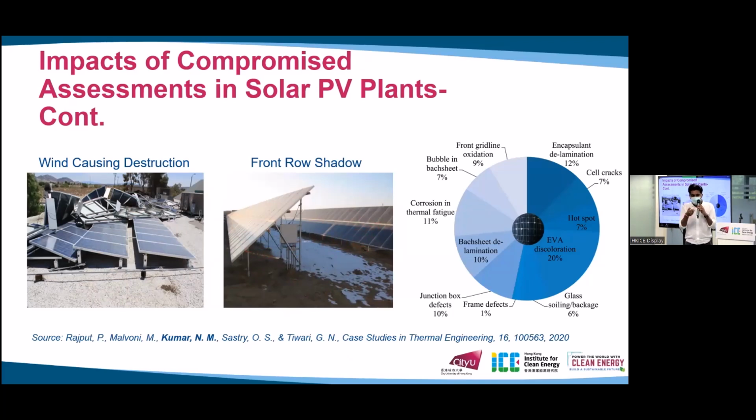So when this sort of shadow falls, there is a possibility of hotspot problems, like heating of the modules. Of course, at a cell level, we have different diodes that avoid this, but still it becomes a shadow problem, and then the power output would be reduced because of these things.